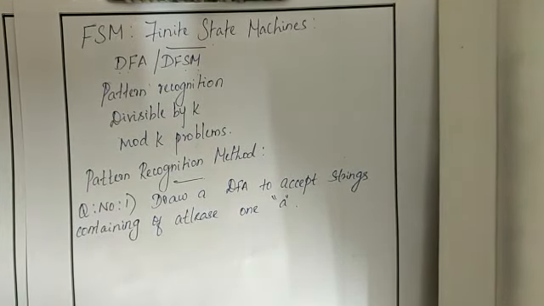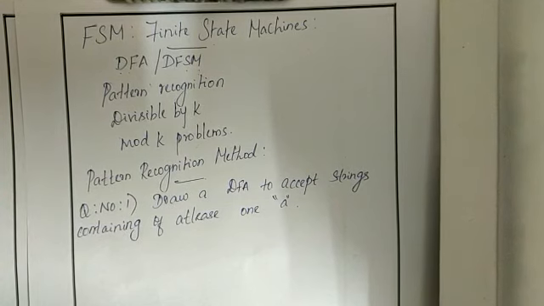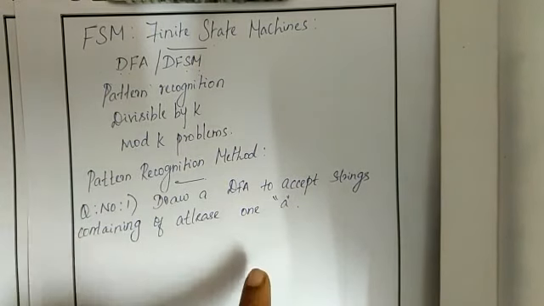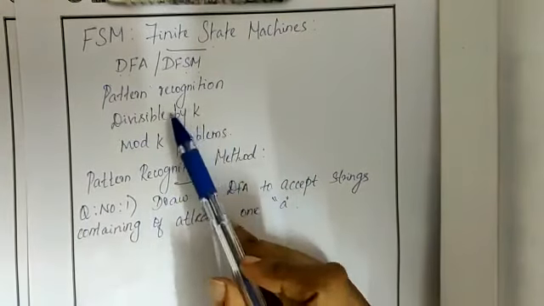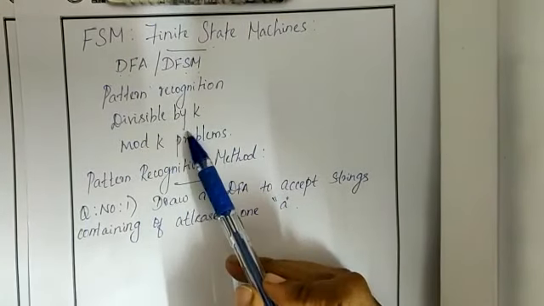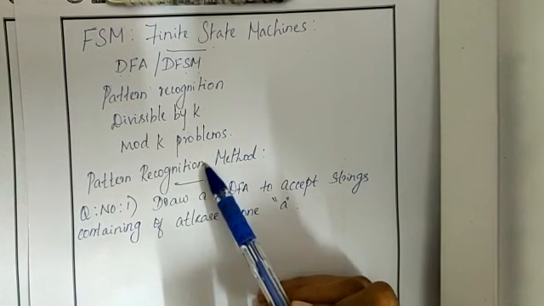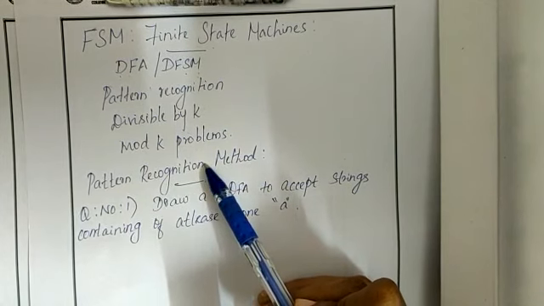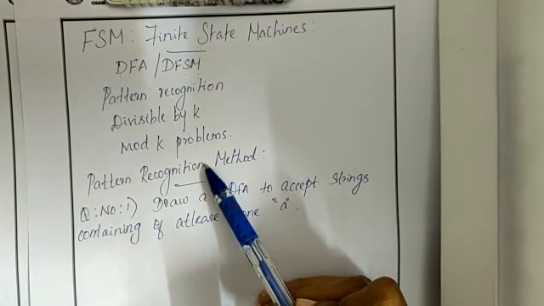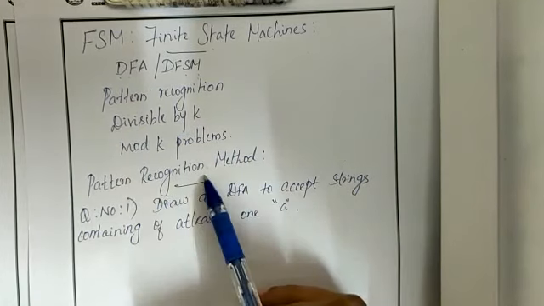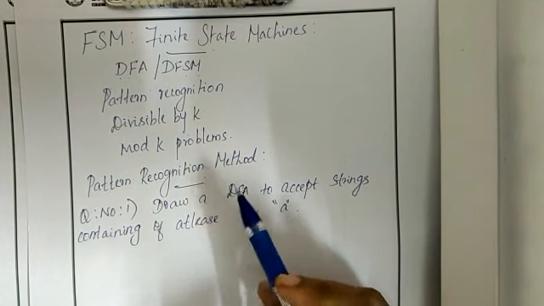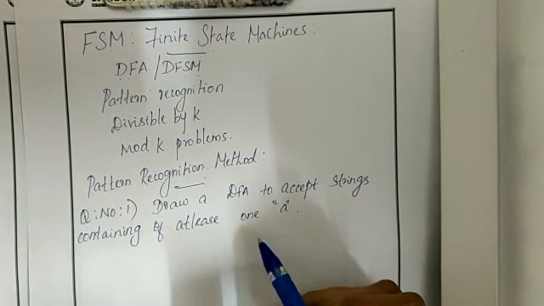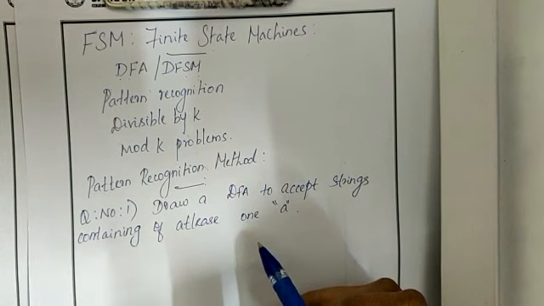So first step is I have to identify which type this question belongs to. I have three types: pattern recognition type, divisible by k and mod k problems. So by reading the question, I have to identify the type. We are learning the first type, pattern recognition method. In pattern recognition method, when you read the question, a pattern will be there in the question.